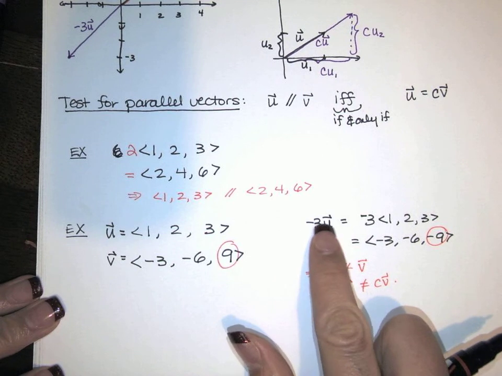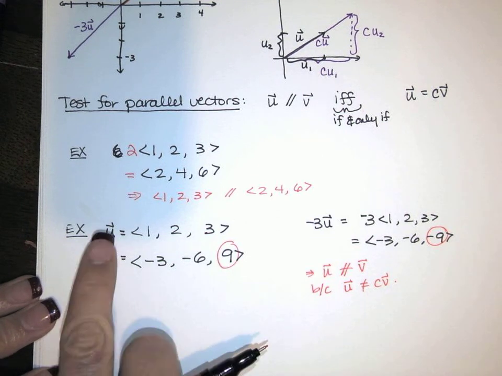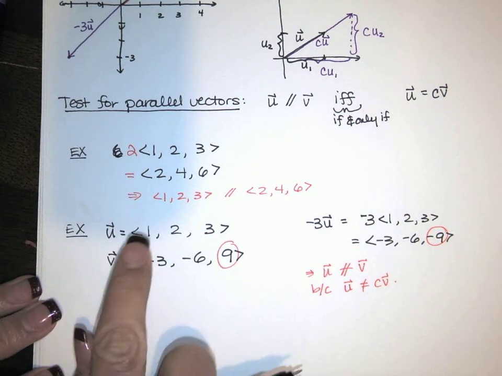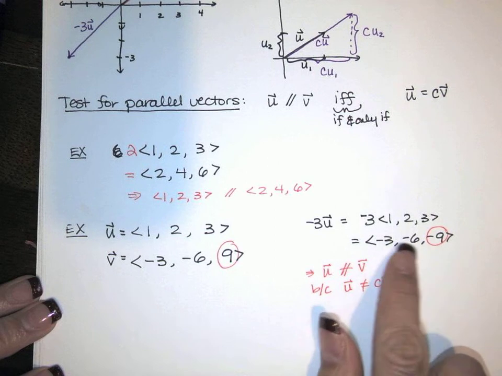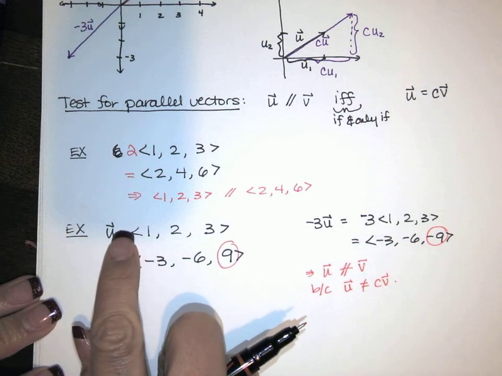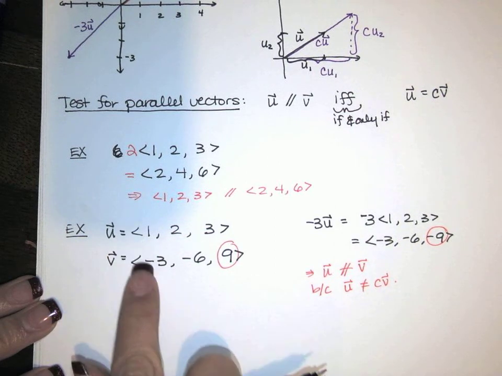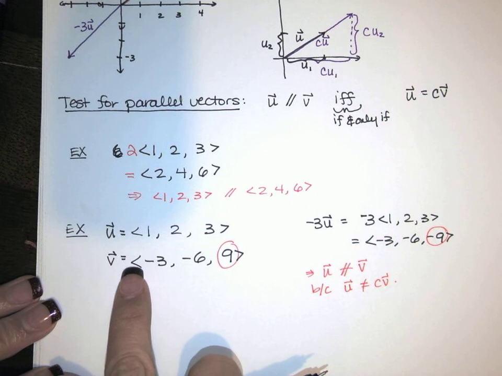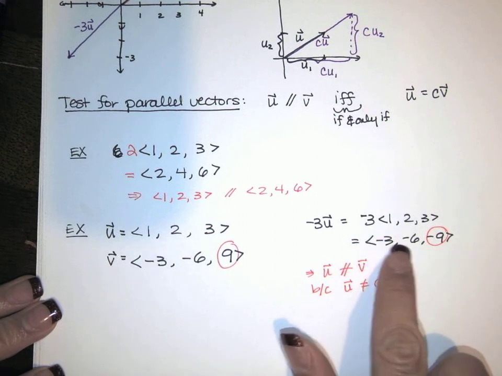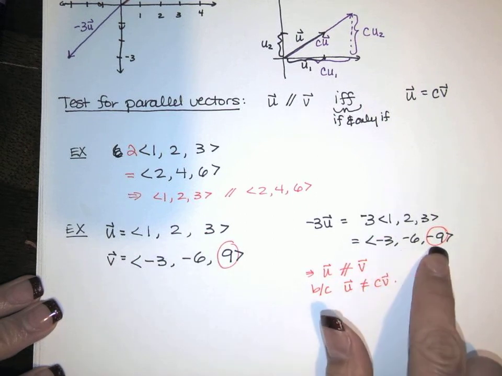V would have to be -3 times u for those first two components to be right, and it does work for the first two components, but it doesn't work for the third component.